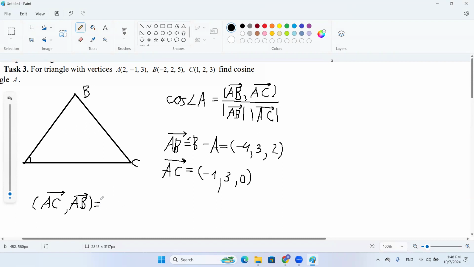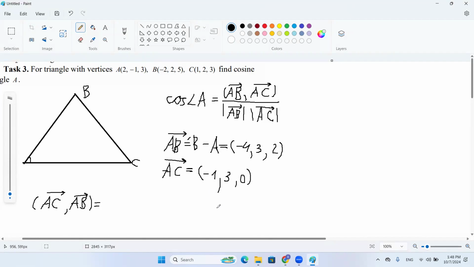Okay, and now let's calculate it. Who wants to take part? Maybe Masha. Firstly, let's calculate the scalar product of these vectors.